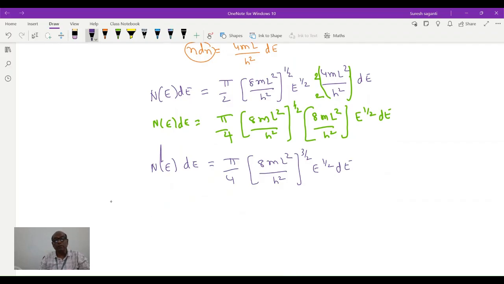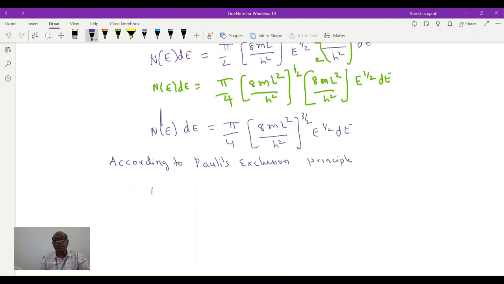But according to Pauli's exclusion principle, we have two electrons in each momentum space. So n of E dE is equal to 2 into pi by 4 into 8 m l square by h square whole power 3 by 2 E power 1 by 2 dE, right?